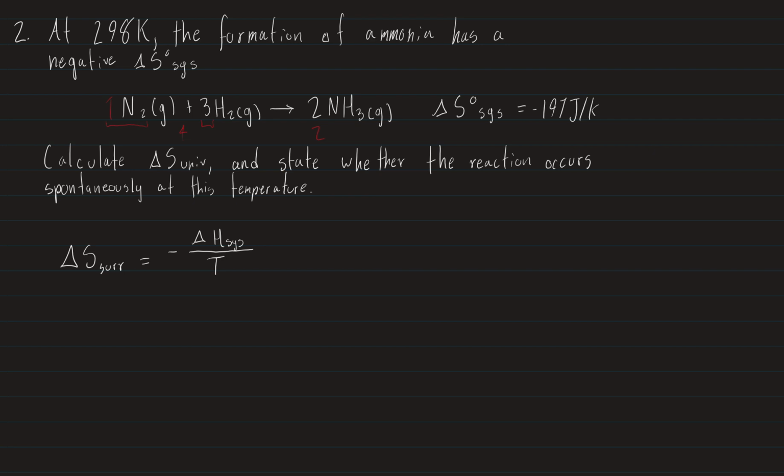So for this problem, we have this equation right here, and based off what you saw from the last slide, you notice that there will be a larger change in entropy of the surroundings at a lower temperature.